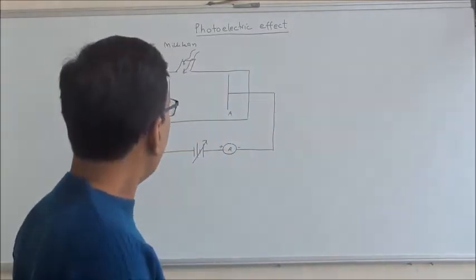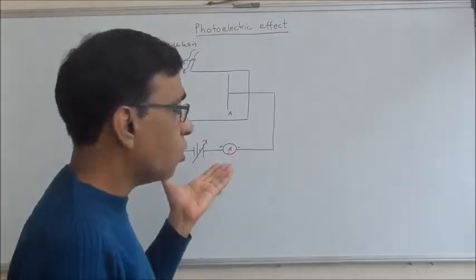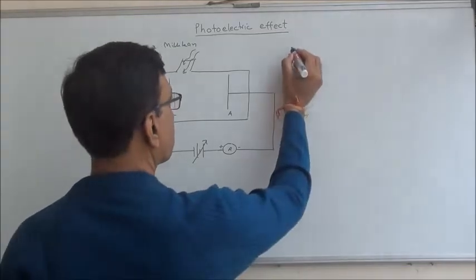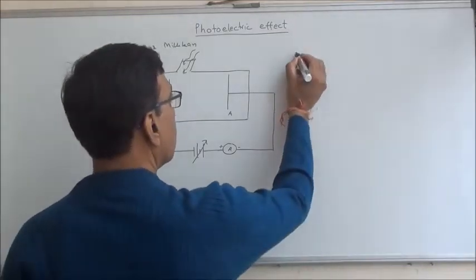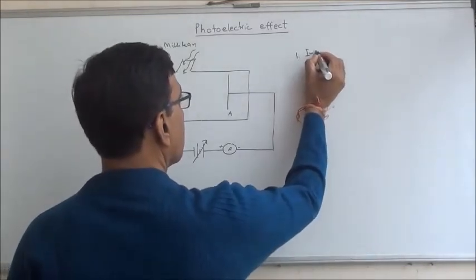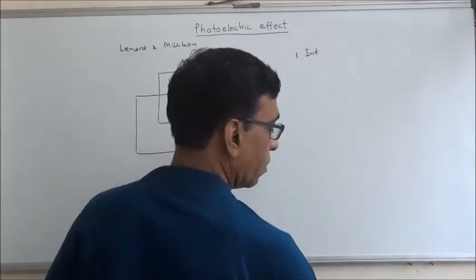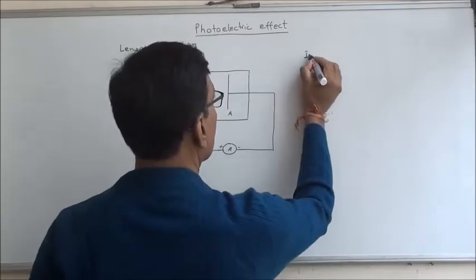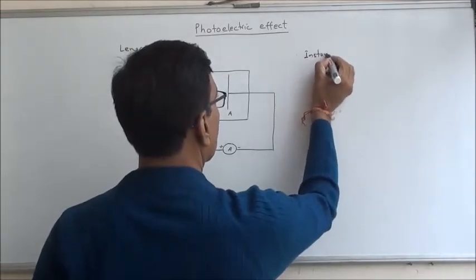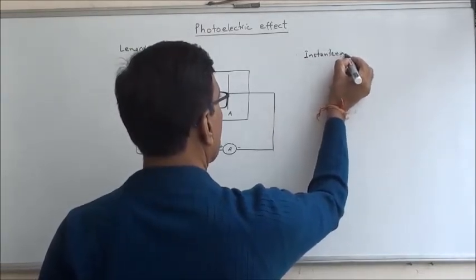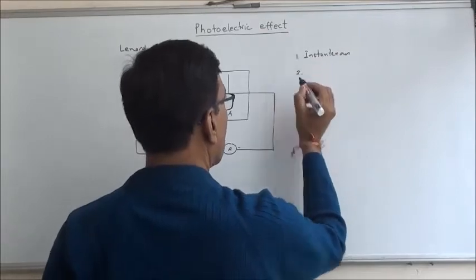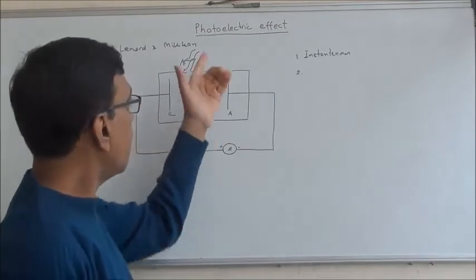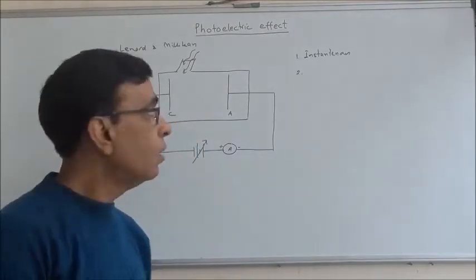Now there are certain important features of this effect. First, the effect is instantaneous. Instantaneous means there is no time lag, so electrons are emitted as soon as the radiation falls on the plate.